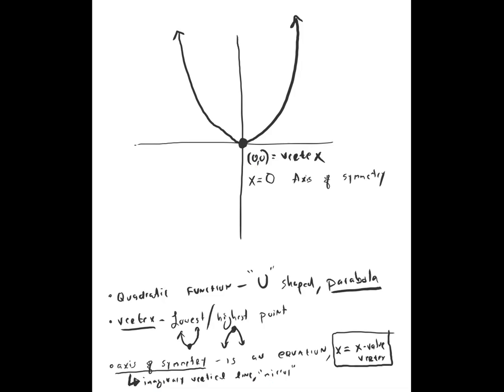If I were to put this vertical line right here on x equals 0, you should be able to fold this in half and see that this line and that line overlap, obviously if it was drawn to scale and perfect. So that is the axis of symmetry, which is the equation x equals 0.